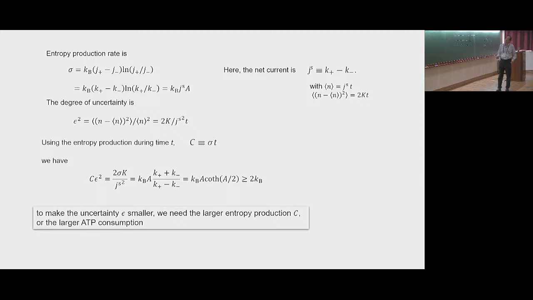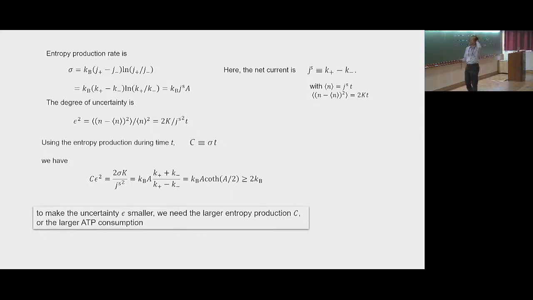When we define the entropy production during time t as sigma t, C, then C multiplied by epsilon squared is like this. By putting in these values, we can represent C epsilon squared like this, which can be written as kB A coth of A over 2.